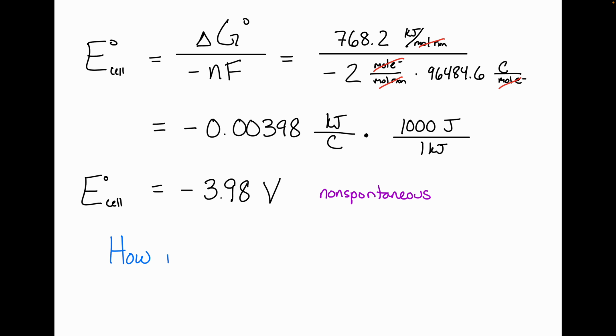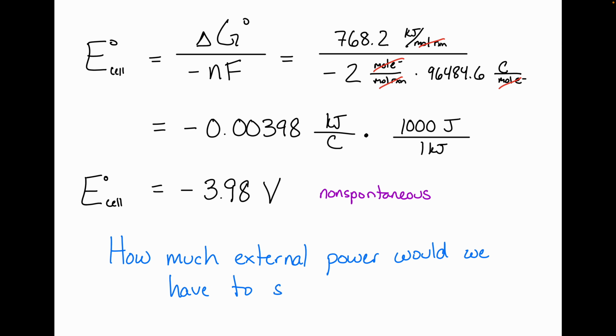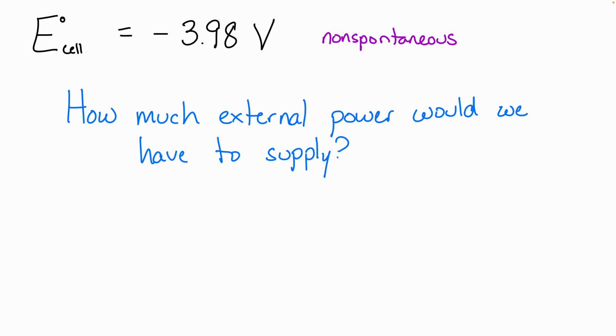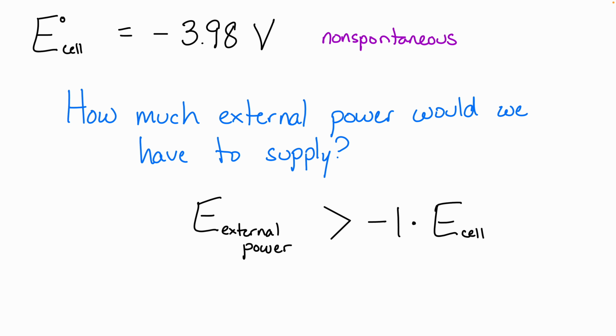All right, but now we want to ask how much external power will we have to supply? Well, in order to overcome this potential right here, that external power is going to have to be greater than -1 times our standard potential of our cell.